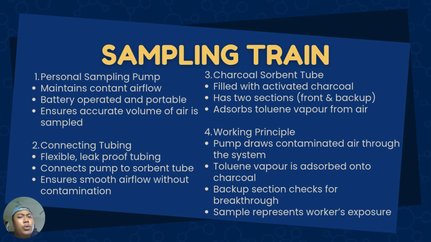It contains two sections: a front section that collects most of the toluene and the backup section. If toluene reaches the backup section, it means the front section is overloaded. This is called breakthrough. This setup ensures the sample collected is reliable and represents actual exposure.